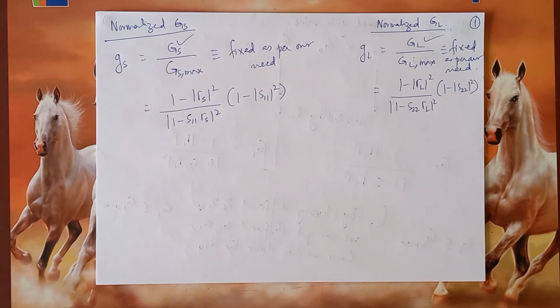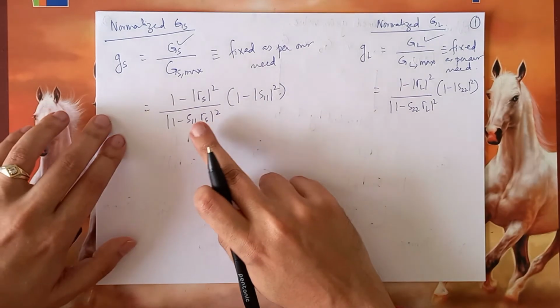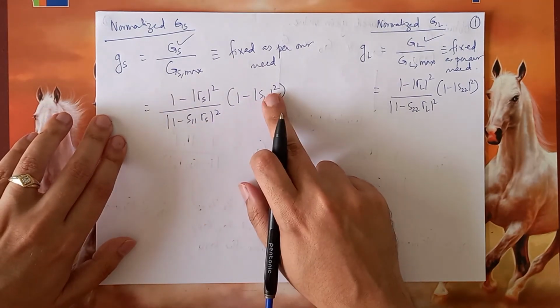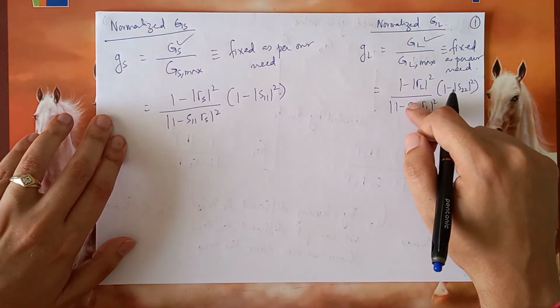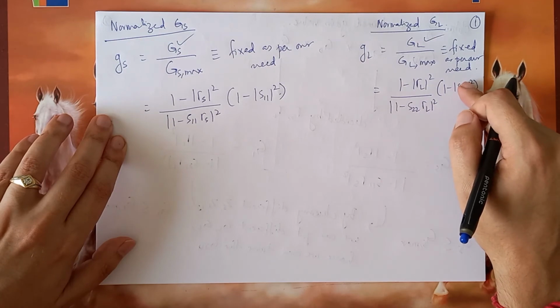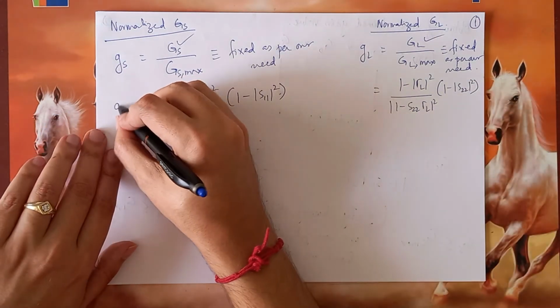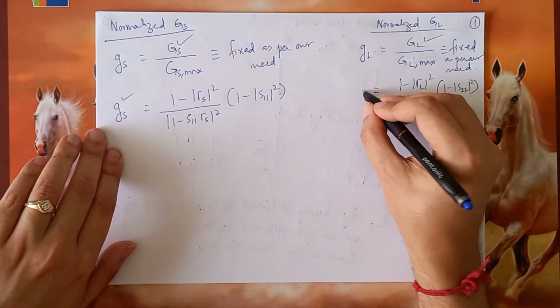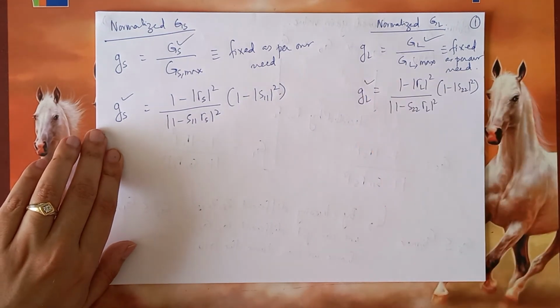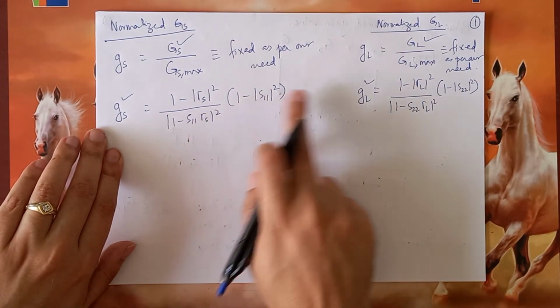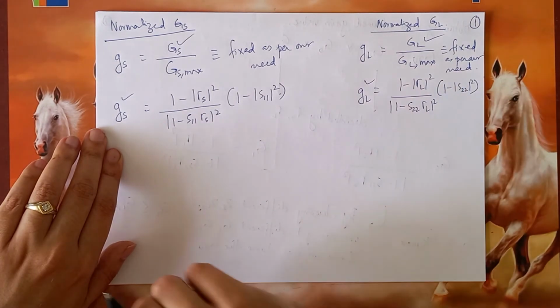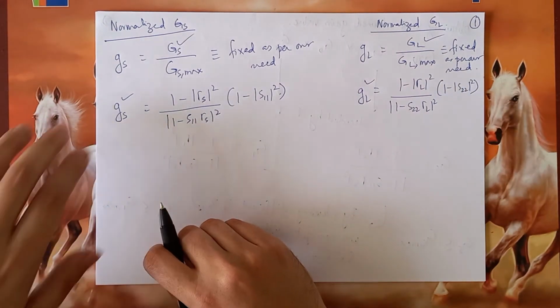So therefore, now the question is, S11 is fixed here, S22 is fixed here. So if we say that gs is fixed and gl is fixed, the only variables in these two equations are gamma s and gamma l, respectively.